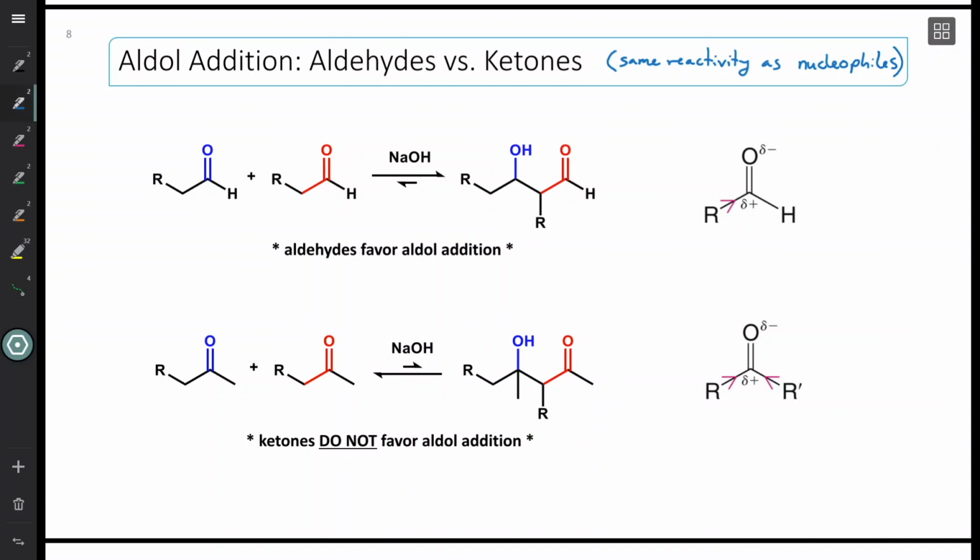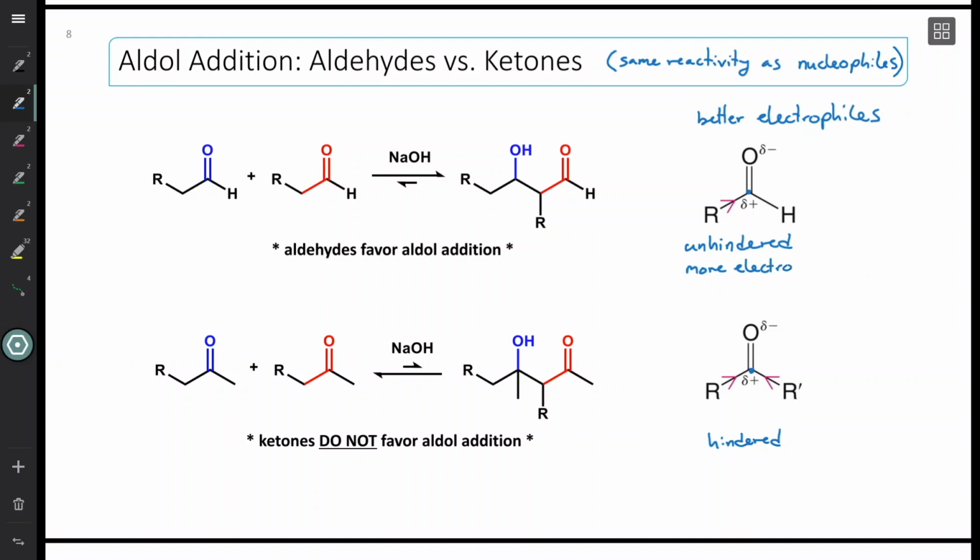Because aldehydes are better electrophiles. And we learned this when we first studied aldehydes and ketones. Aldehydes are unhindered, whereas ketones are hindered. They have more R groups around the electrophilic carbon.